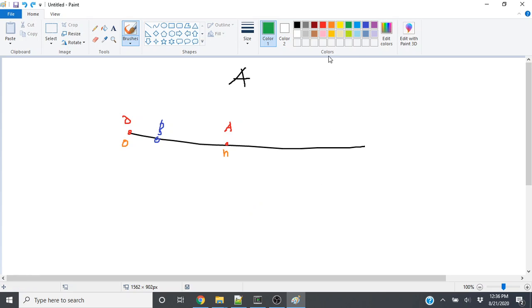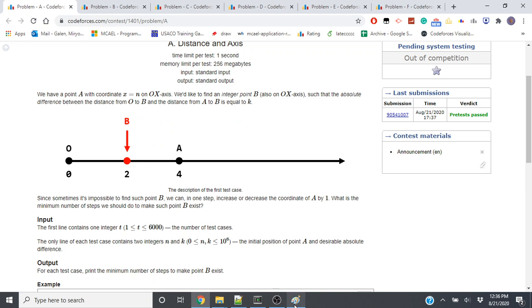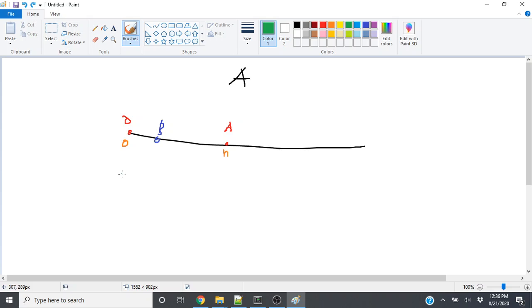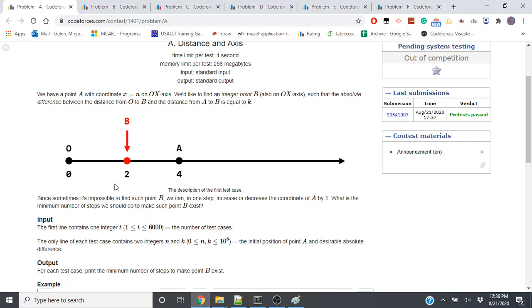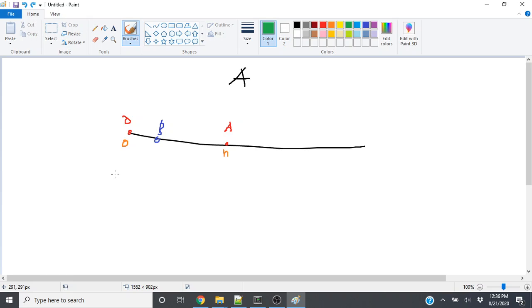We want to make it so the following property holds. First of all, let the distance of x1 and x2 be the distance between them on the line, which is the absolute value of x1 minus x2.